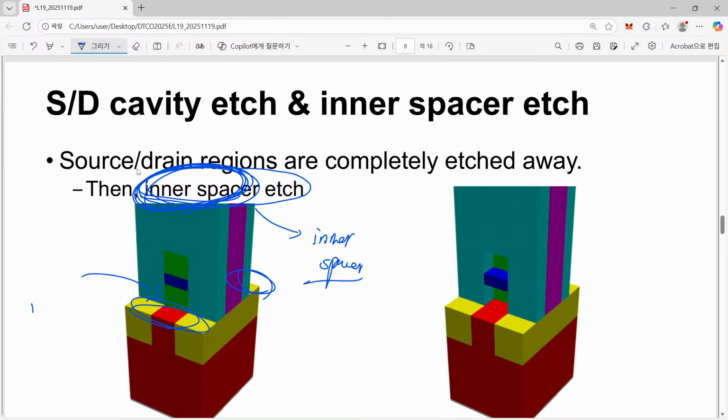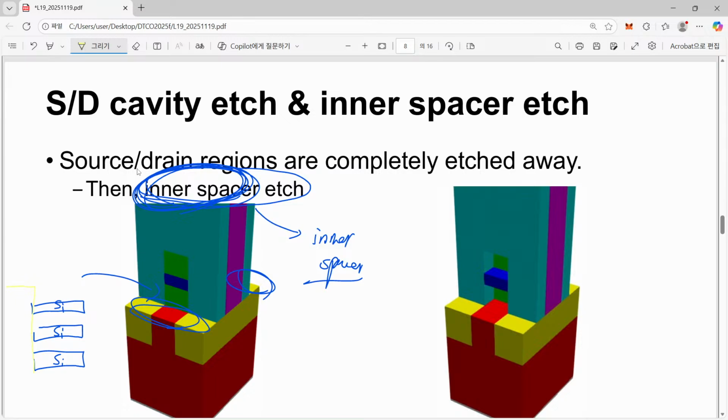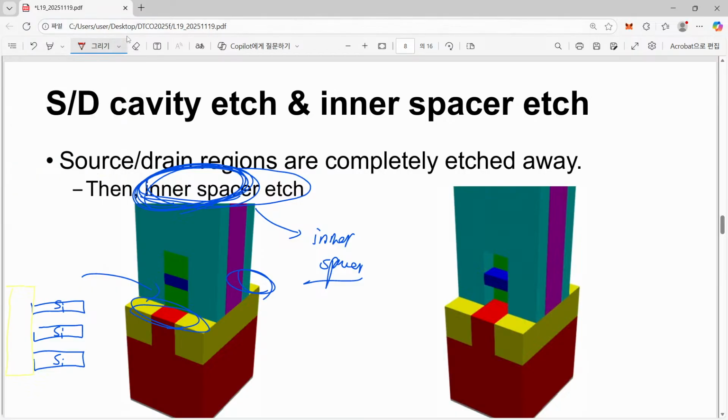Now we have multiple stacks made of silicon and silicon germanium, silicon and silicon germanium.